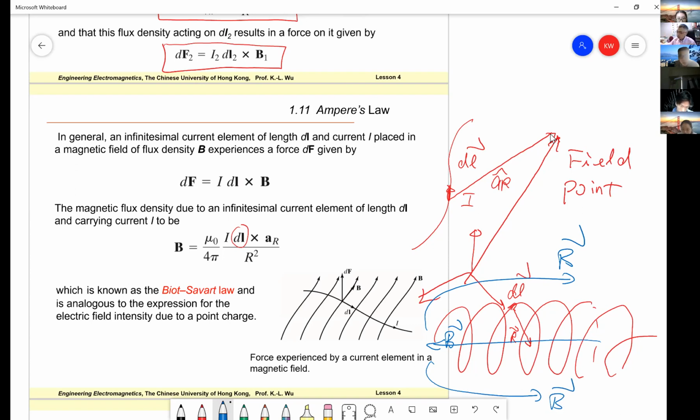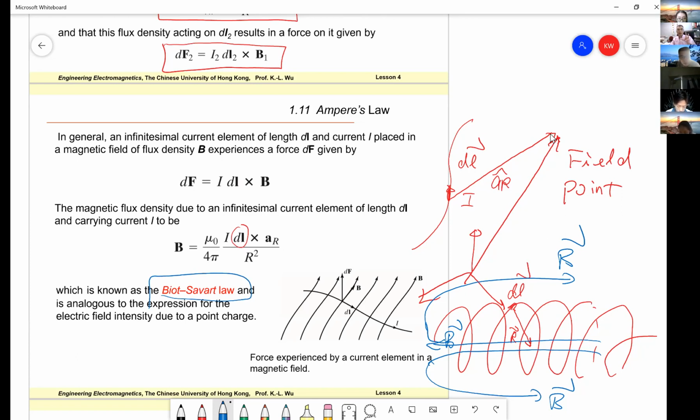All of that is interpreted by Biot-Savart law, not Coulomb's law anymore.